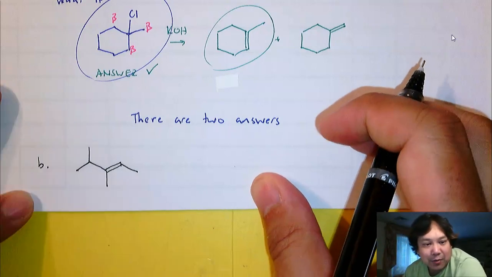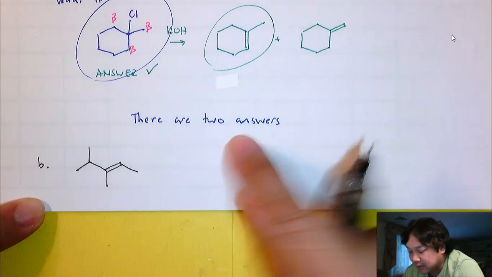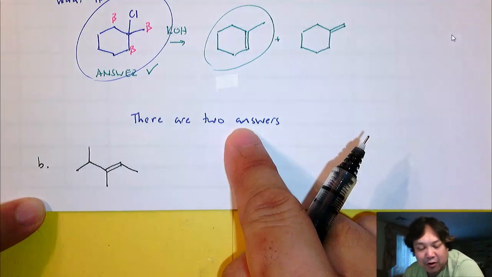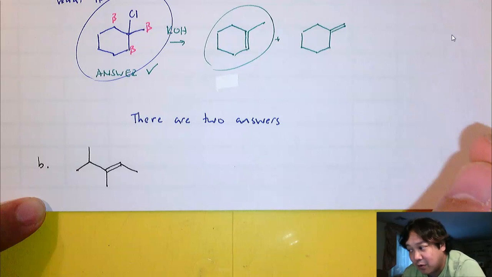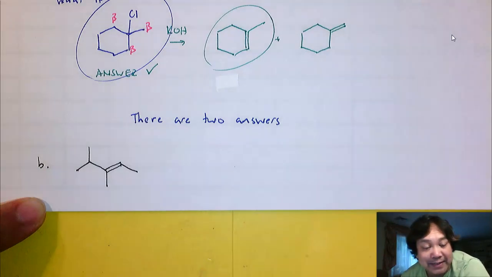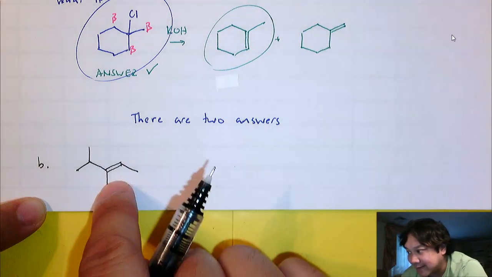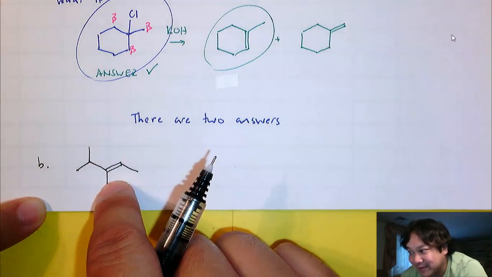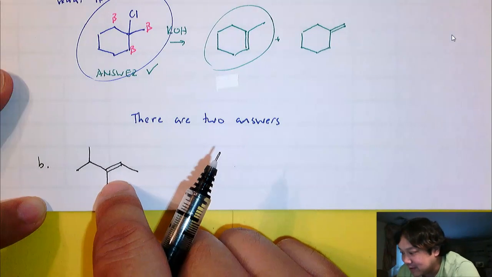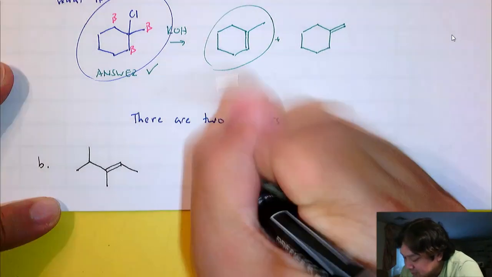Okay, are we going to get 2 answers like for part A, or are we only going to get 1 answer? Or maybe even get no answers. Maybe it's impossible to have an alkyl halide that will give this as the major product. Okay, and actually this one's easier.